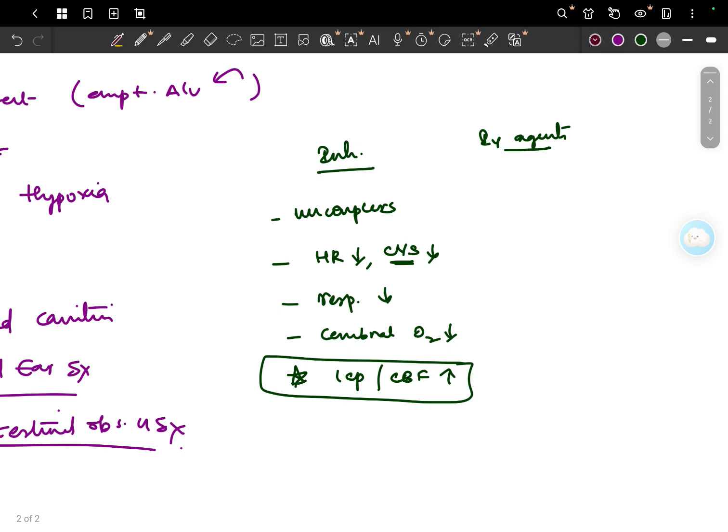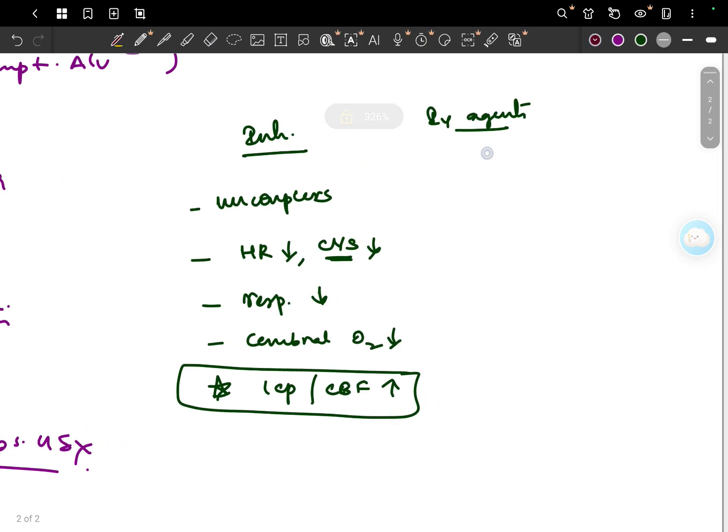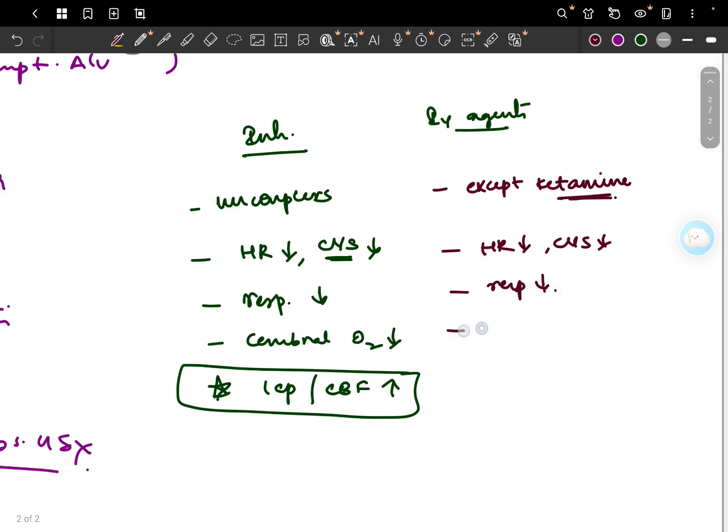Now coming to IV agents, one exception you have to remember is ketamine. Ketamine doesn't obey all these things. Heart rate will be decreased, blood pressure will be decreased, respiratory drive is decreased, and cerebral metabolic oxygen consumption will also decrease.